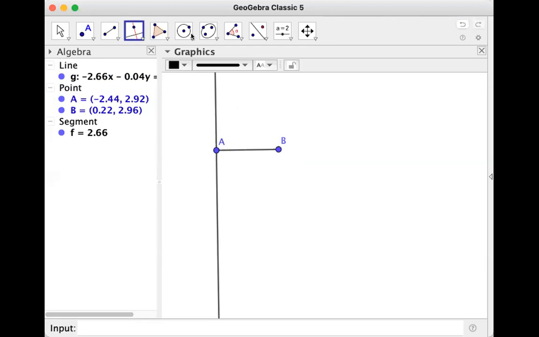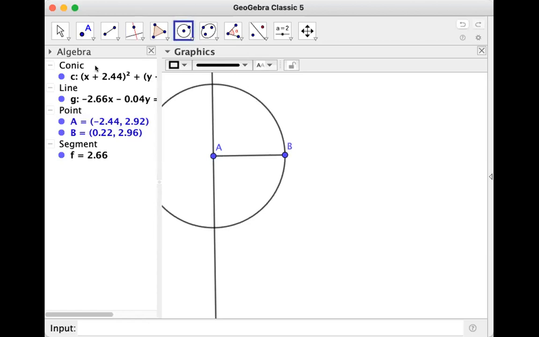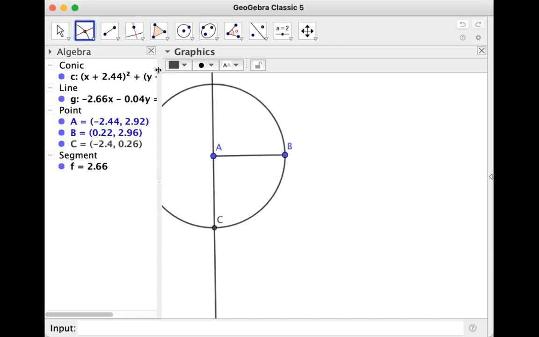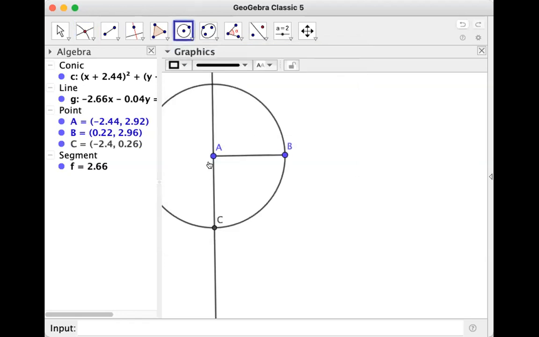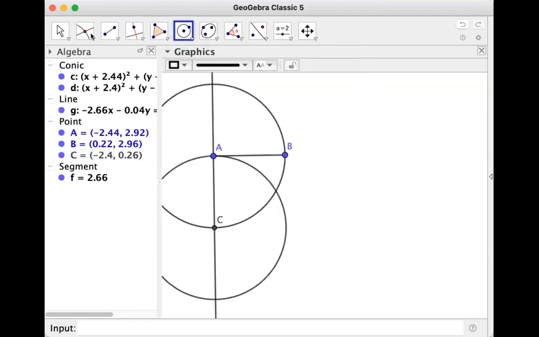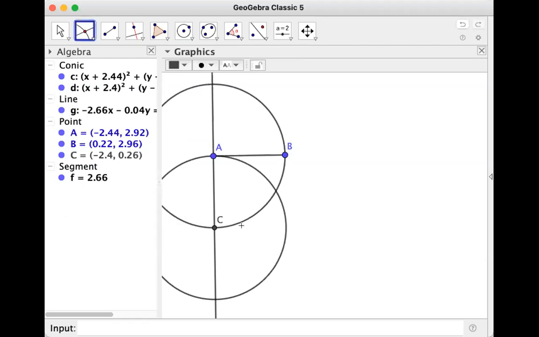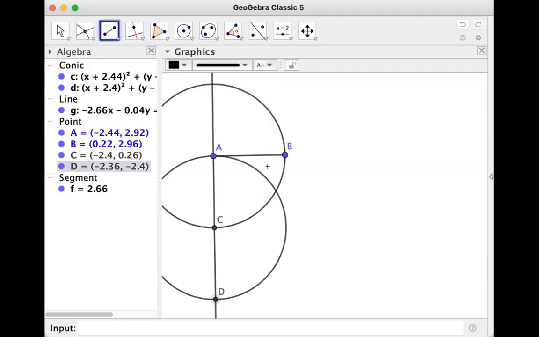Now, to get a line segment of length 2, it's not too hard. I could just go like this. Because these are radii of the same circle, AC will be length 1. And then I can make another circle, and AD is 2. Then I connect these 2 points. There's my square root of 5.